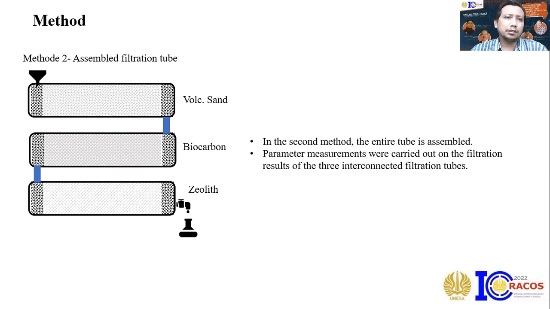In the second method, or assembled filtration tube, the entire tube is assembled one to another. Parameters measured were carried out on the filtration results of the 3 interconnected filtration tubes.